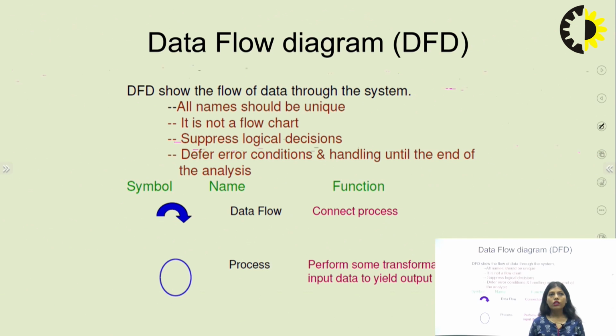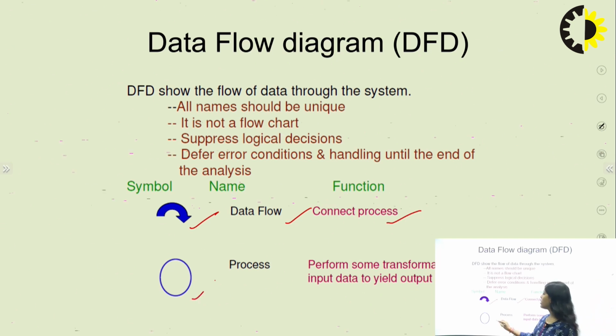So this is the DFD diagram. DFD diagrams show the flow of data through the system. In a DFD diagram, all names should be unique, and it is not a flow chart. It suppresses the logical decisions, and it also defers the error conditions and handling until the end of the analysis. These are some notations: this symbol is called data flow, which connects processes.